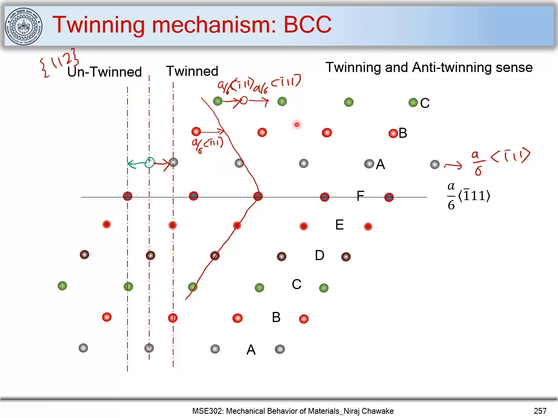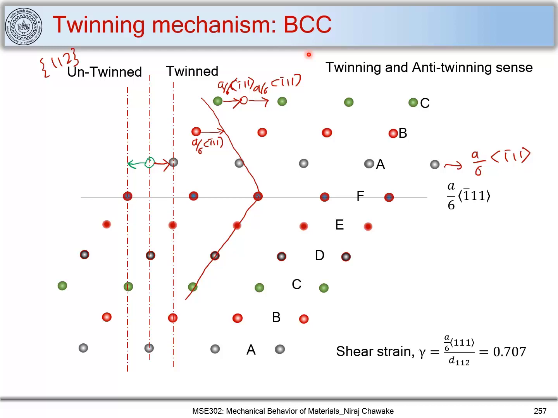So if you apply shear stress, or if the atoms are gliding in this direction, this will not cause any twinning. But if you do it in this direction, it will cause twinning. And thus, some of the deformation mechanisms in case of BCC, like twinning, are directly dependent on direction. And thus we will not see isotropic behavior when there is twinning occurring in case of BCC materials.